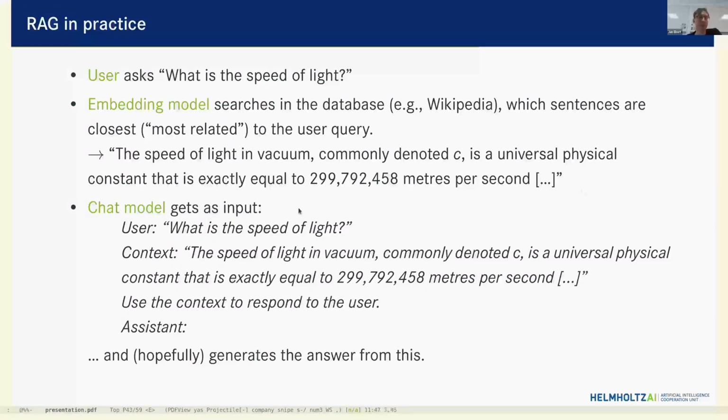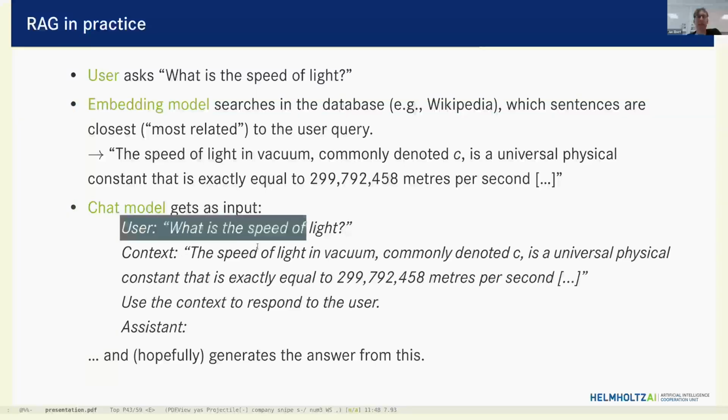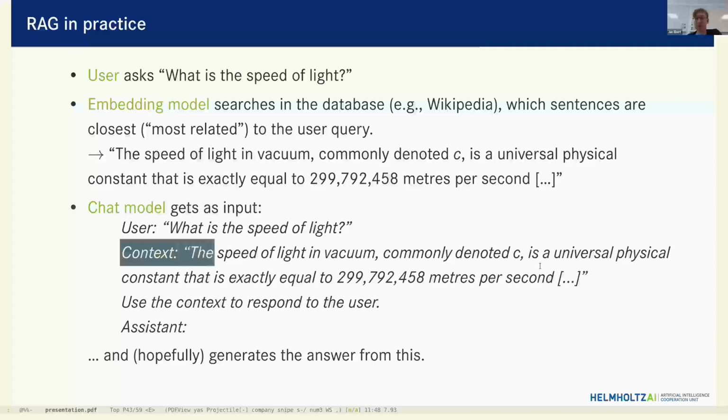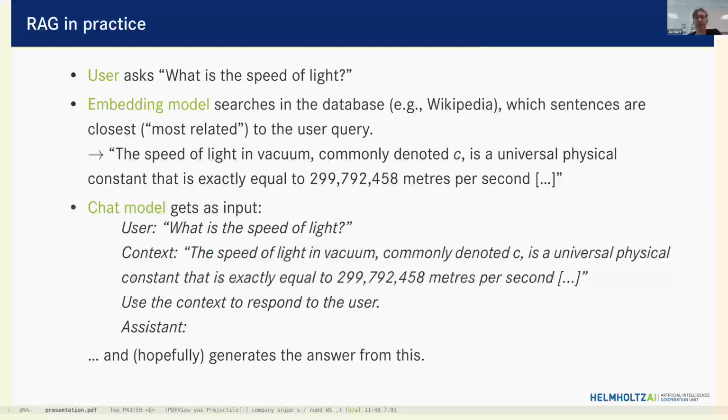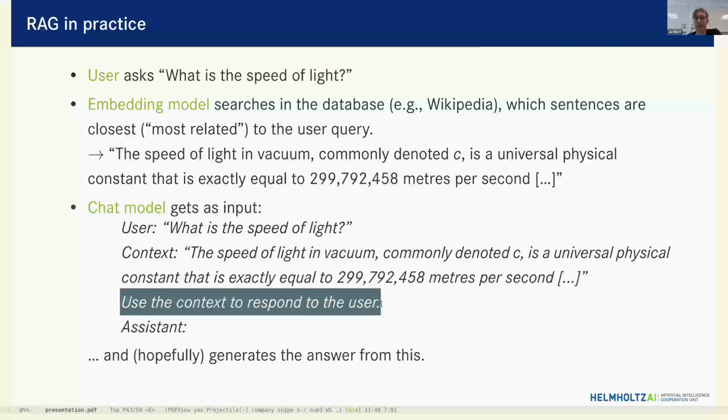And from that, we build the sentence to our chatbot. So this could look like this: we have the user asking, what is the speed of light? We say there's some context here to use to answer this question, which is the sentence we retrieved from Wikipedia. And then we can tell the model, use the context to respond to the user.